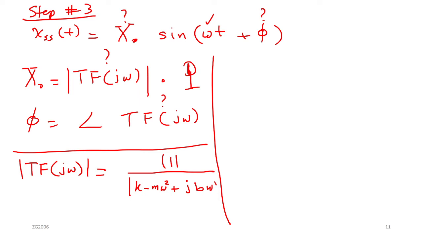This is the imaginary part and this is the real part. You have to find the magnitude of the top over the magnitude of the denominator.